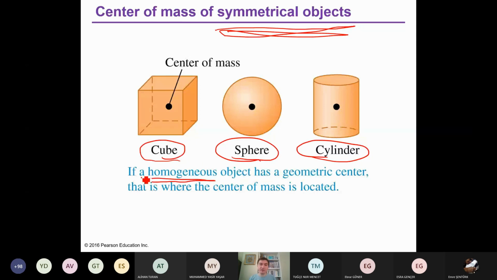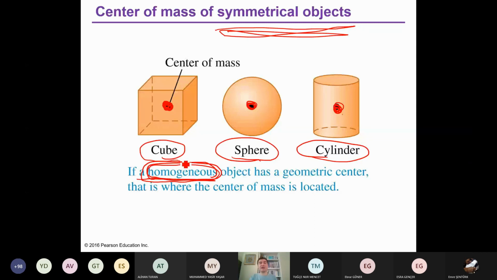If these objects are homogeneous, then the center of mass of the symmetrical objects is the geometric center: the geometric center of the cube, of the sphere, of the cylinder, if the objects are symmetrical and homogeneous.